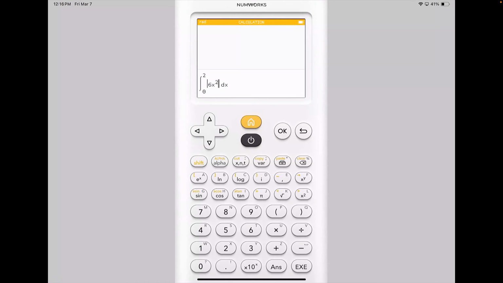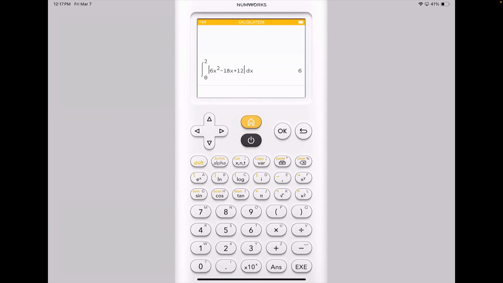Then hit arrow. Minus 18t plus 12. Okay. Hit enter. And we got a number. So how do you do integrals? Same way, you just don't have to use absolute value.